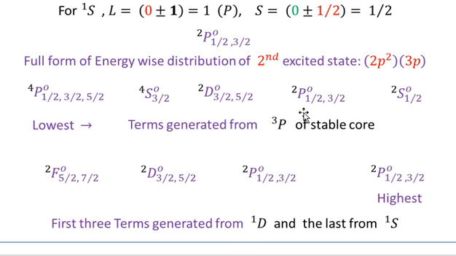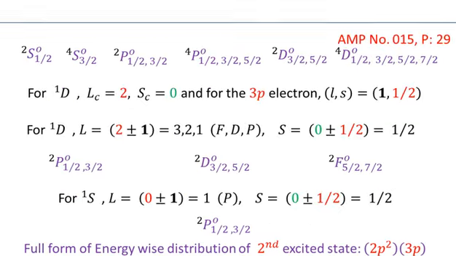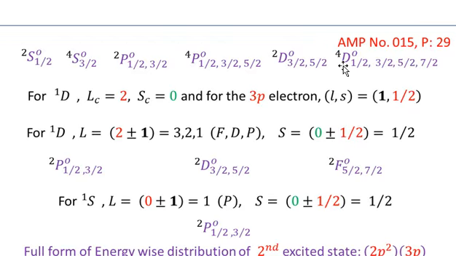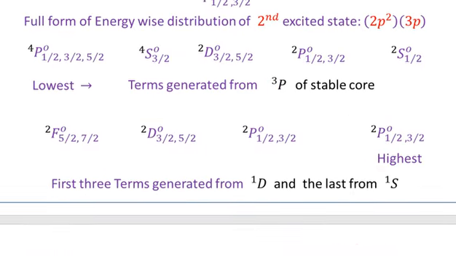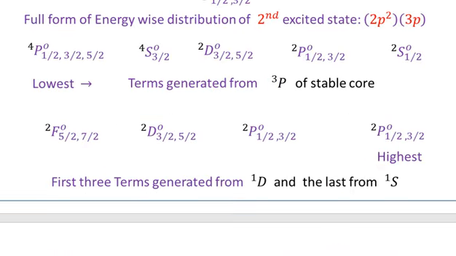And I have missed some term over here, so let me look. Where is the 4D term and 4P term? Okay, you see that I have the 4P term over here, then the 4S term, then the 2D term, then the 2P term, then the 2S term.